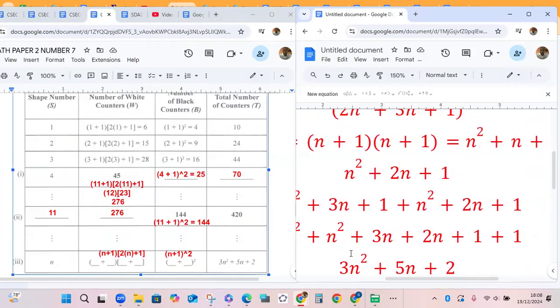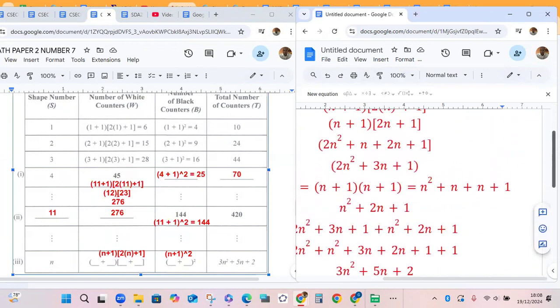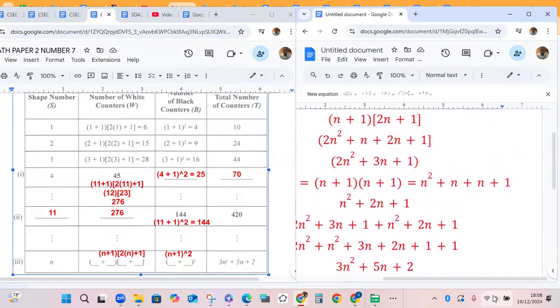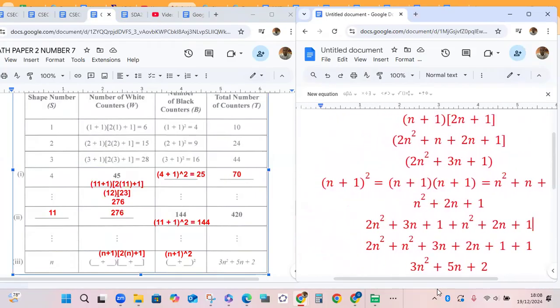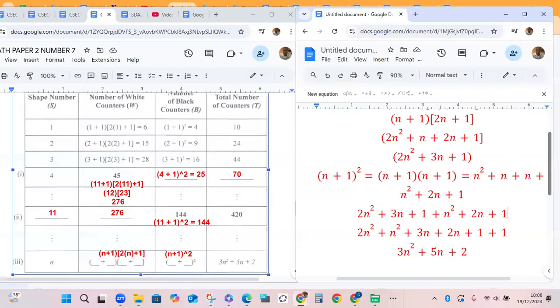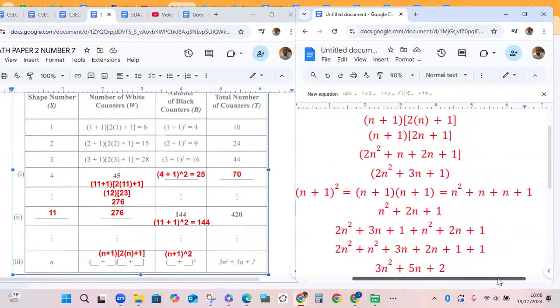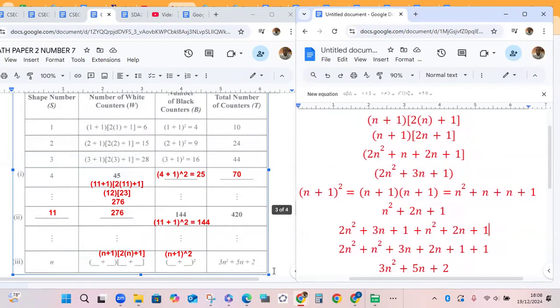So our two answers, the number of white counters and the number of black counters, are all correct. So that's the answer for this cell and for this cell.